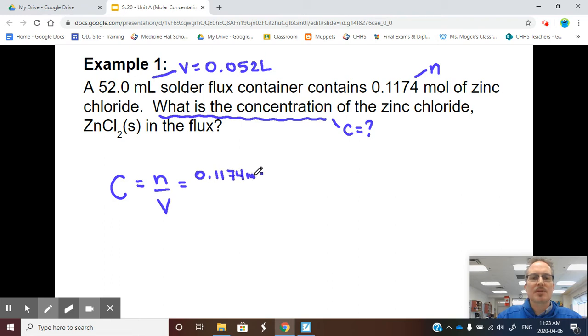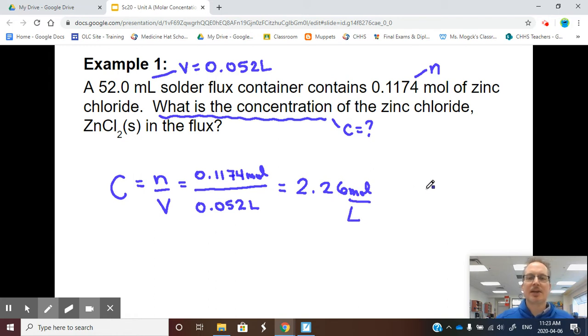0.1174 moles divided by 0.052 liters. And we're going to type that into our calculator, 0.1174 divided by 0.052. And the answer is going to be 2.26 moles per liter.